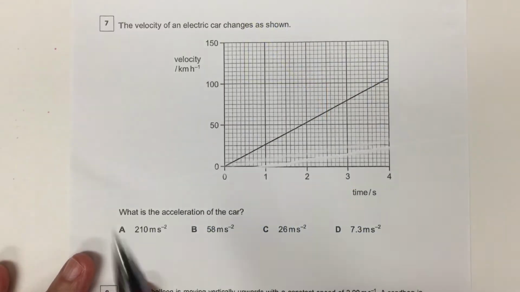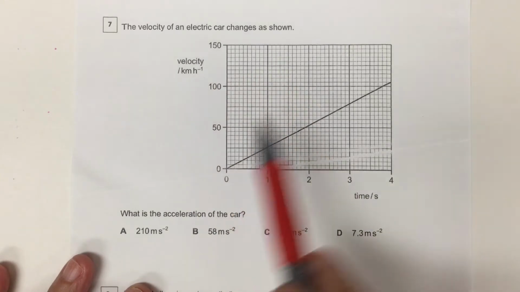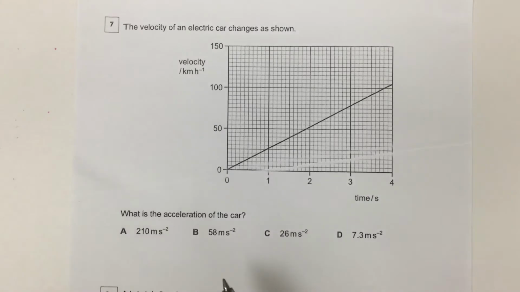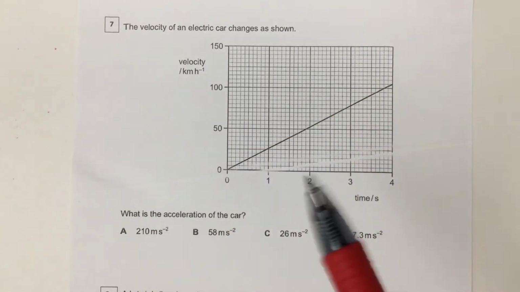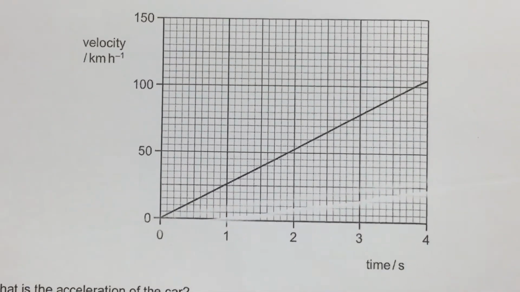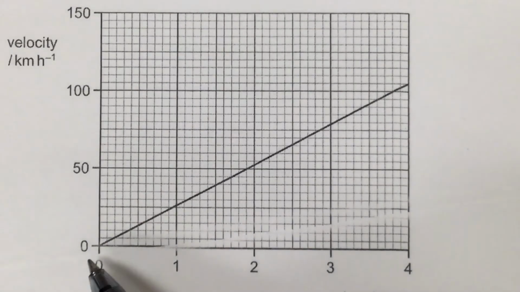Question number 7. The velocity of an electric car changes as shown, right? What is the acceleration of the car? Well, easy. We just need to observe here. The acceleration will be the change in velocity over time. So here, let me look closer, the initial velocity is 0.